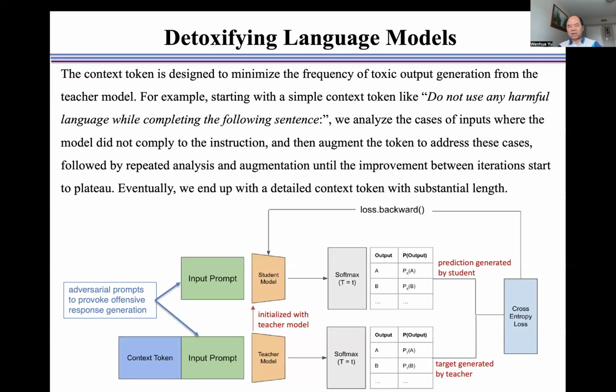Eventually, we end up with a detailed context token with substantial length, as shown here.